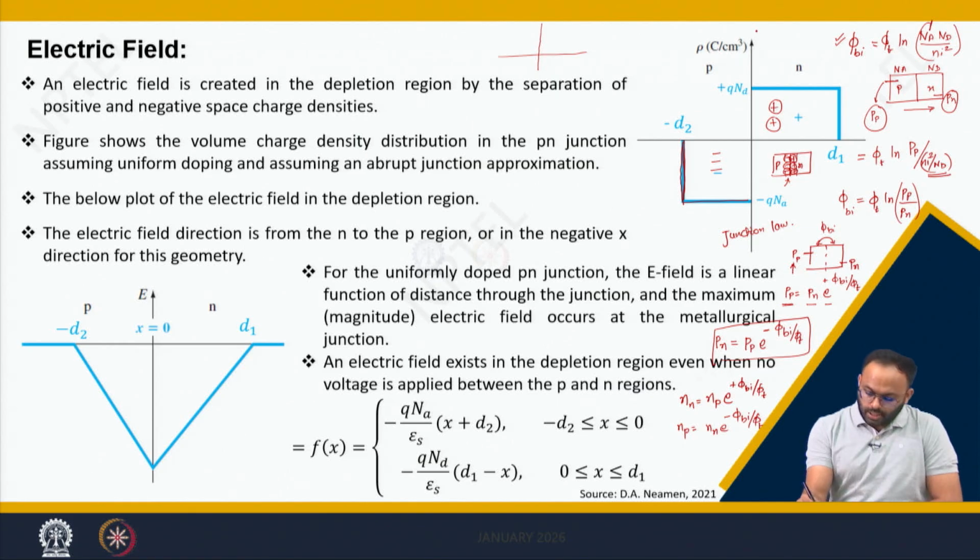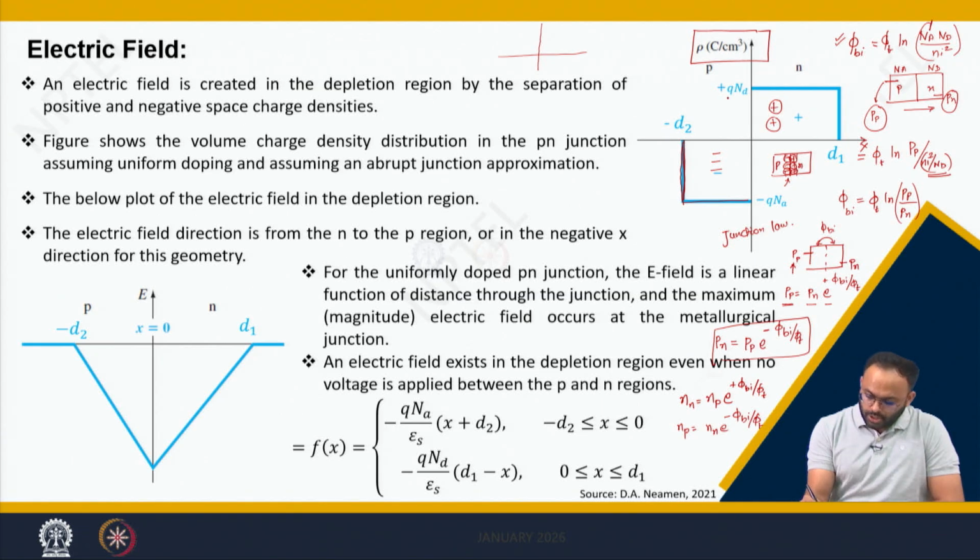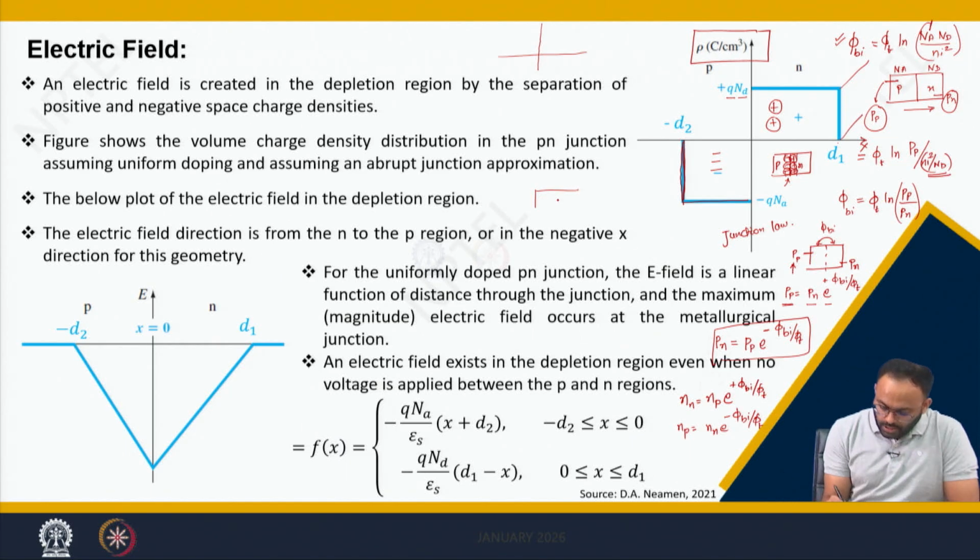So this is nothing but a charge density profile along X. This charge density gives you the total charge present in the N side, which is Q into Nd into D1 into the area. If I make a clear picture of the PN junction, this is your PN junction in 3D.